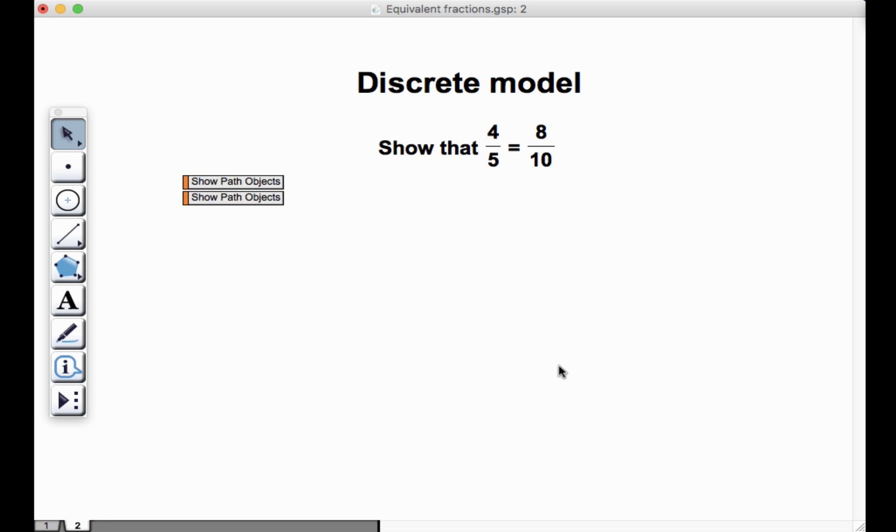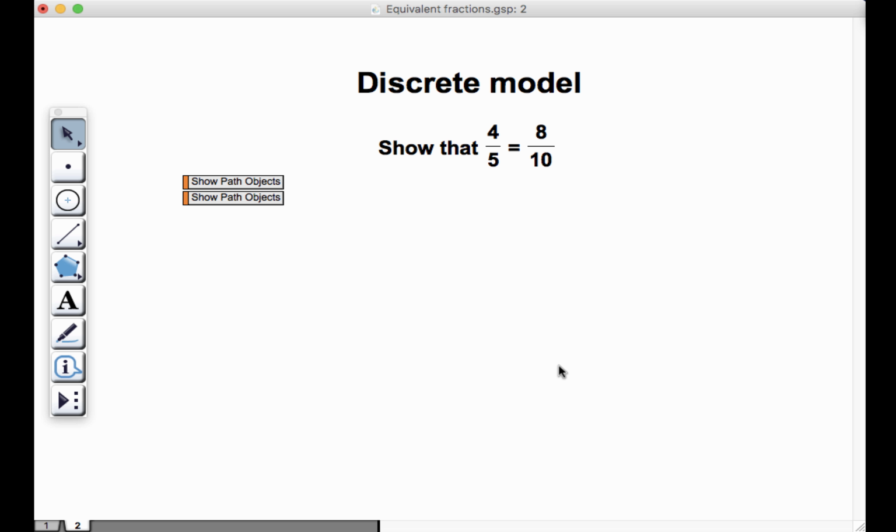And when you're using a discrete model, you're not thinking in terms of measurement. So it's not just that you're counting, it's that, for example, if you're counting people in a room, those people may be different sizes, but each one counts as one person. So it's a pretty different idea. We're just saying, okay, you're one person, then there's 2, there's 3, there's 4, there's, let's say, 5 people in the room.